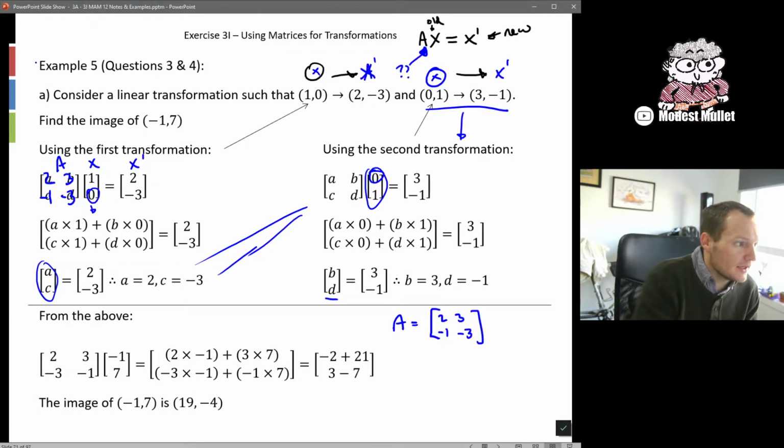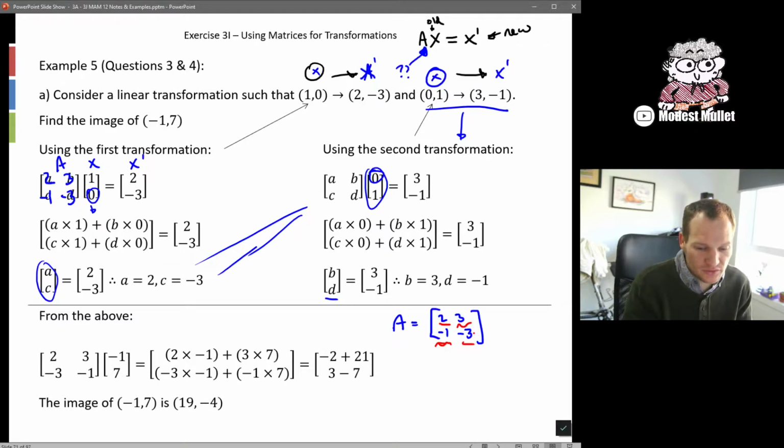Now, the 2 and the negative 3 we could read off. We can read that that's a dilation of 2 from the y-axis. We can also read it's a dilation of 3 from the x-axis and a reflection in the x-axis. The 3 and the negative 1, though, are a little bit weird.